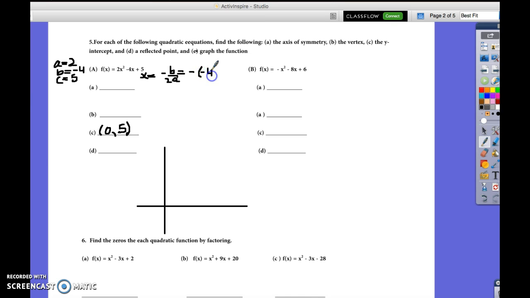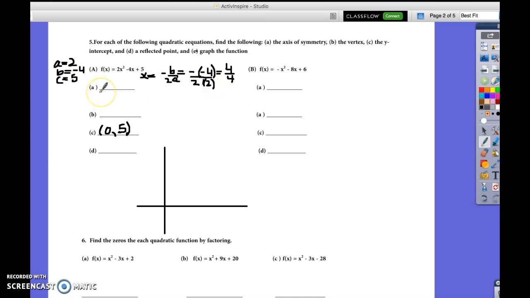So you put that in there. That's the b over 2a. That's going to be 2 times a, and a itself is 2, positive 2 that is. So upstairs on the numerator we're going to have a minus negative 4, which would be a positive 4. And downstairs 2 times 2 would be 4.